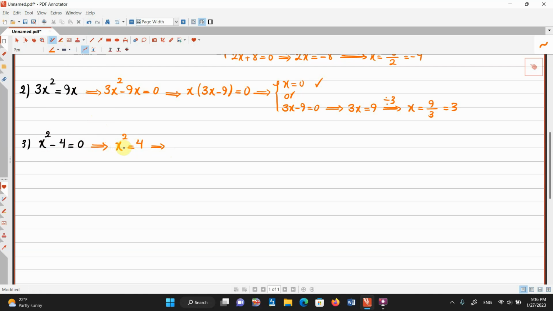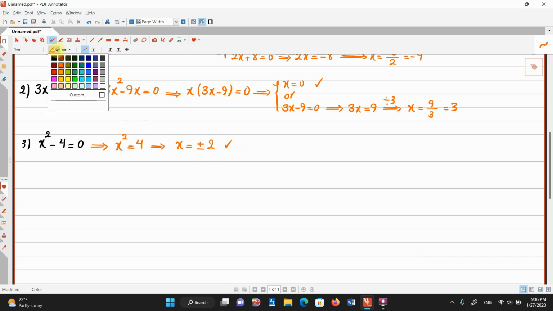Fortunately, in here, you have x squared alone. When you have x squared alone, you can take the square root of both sides. Taking the square root of both sides will result in x equals the square root of 4, which is plus or minus 2. Then you can say we got two solutions, which are positive 2 and negative 2.